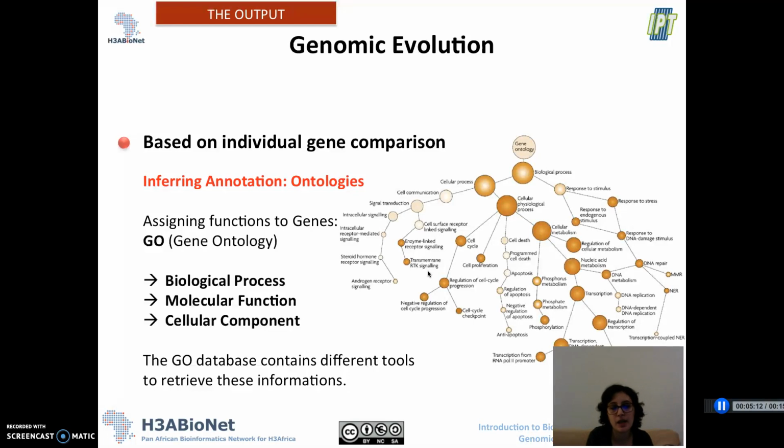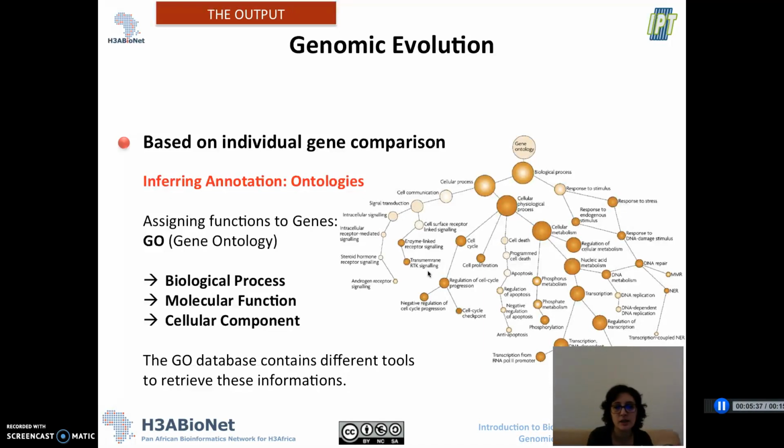So inferring annotation is an important step based on all these alignments and all these orthology or homologous relationships between the genes. And this is done through the Gene Ontology Consortium. If you remember, during the first sessions or the first classrooms, we were talking about gene ontologies.